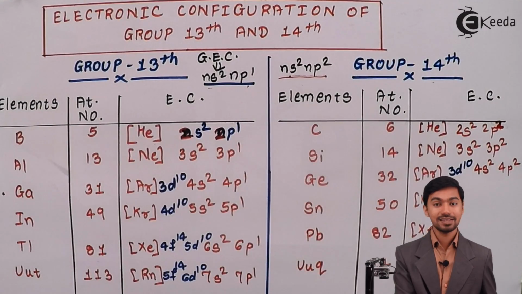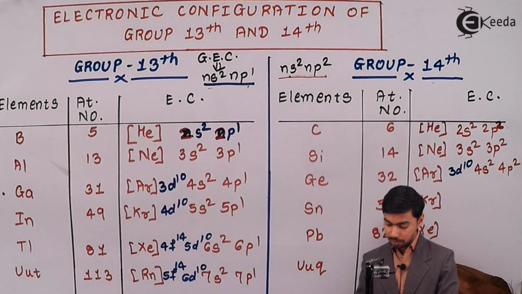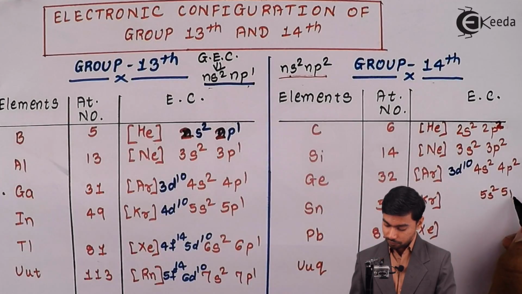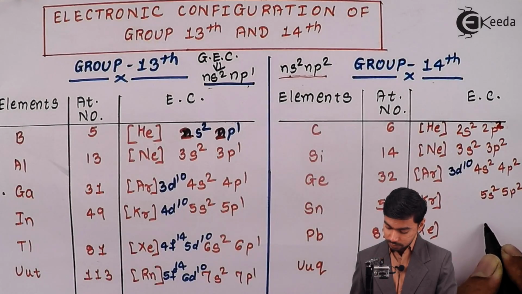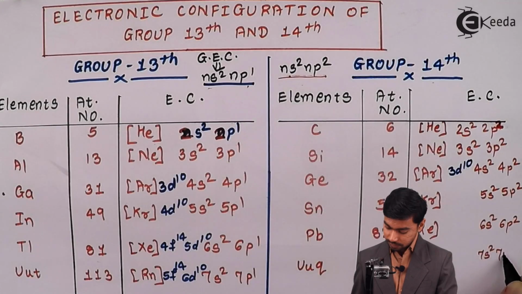So without hesitating, just go for this modification. Now this is the 5th period, so we can write 5s2 5p2. This is 6, so 6s2 6p2. Here it is 7, so 7s2 7p2.